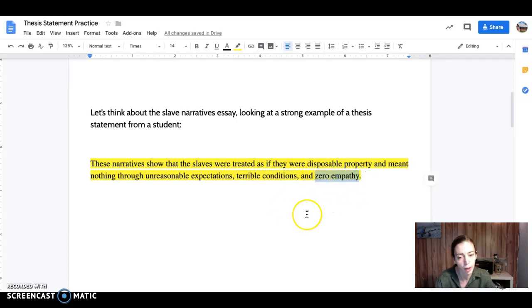And then zero empathy is going to talk about how the masters just didn't seem to care at all. They didn't treat them like human beings. And so this also sets it up so this student can synthesize information from a variety of sources, which is pretty awesome. Okay, so this is a very strong example of a thesis statement.